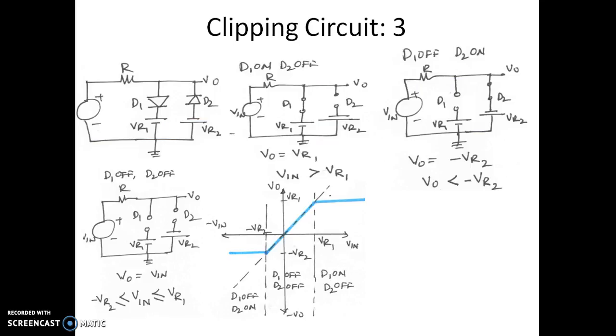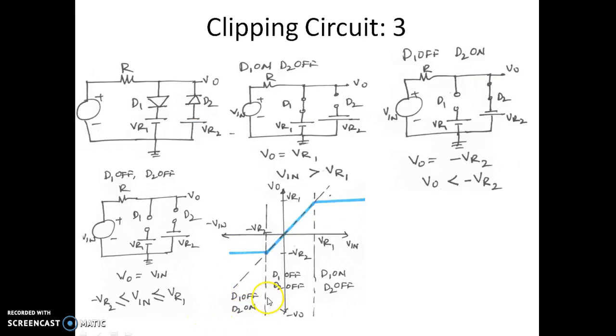The transfer characteristic looks like this. We have marked VR1 and minus VR2 as the reference voltages. When the input voltage is more than VR1, D1 is on and D2 is off. When the input voltage is in the negative half cycle and more negative than minus VR2, D1 is off and D2 is on.